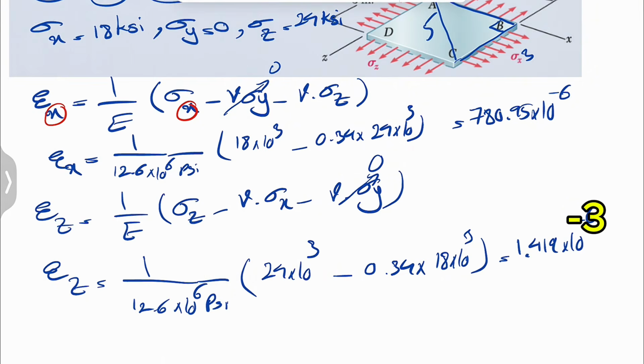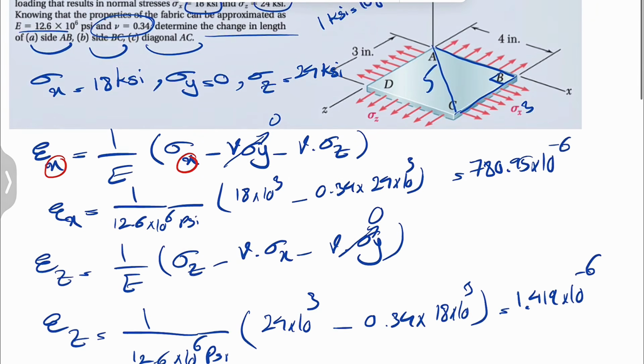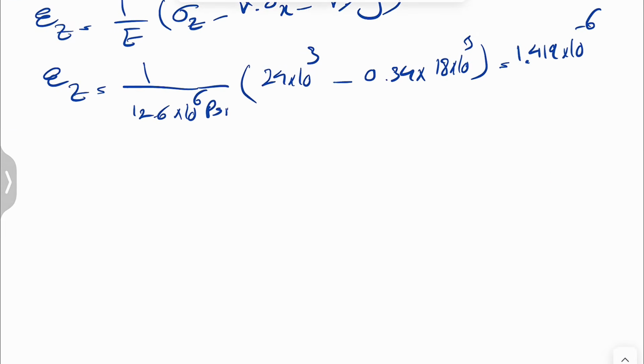So this is our strain in the x and z directions, but what the question is asking is the change in length, which we show with delta. Epsilon x is equal to the change of length, which here we are looking for AB in part A, over the length of AB.